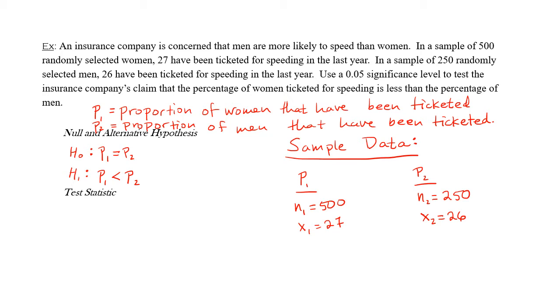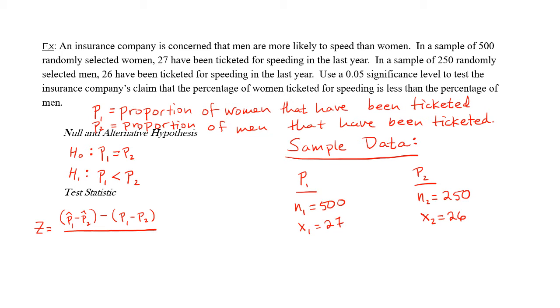And for the test statistic, we can remind ourselves how that's computed. We're going to take the difference between our point estimates and then subtract that from the difference between our claimed proportions.